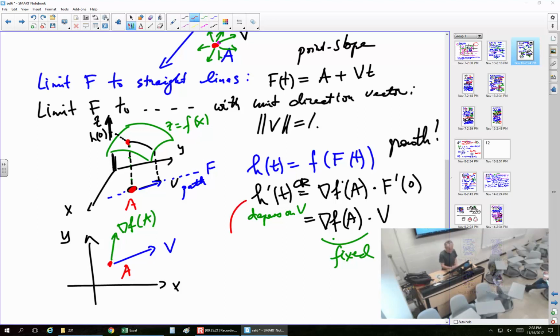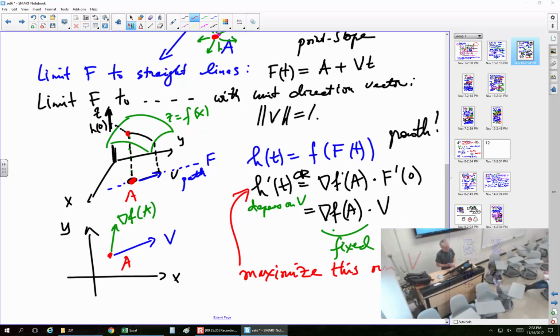So that's what we're looking at. We're pretty much asking ourselves to maximize this over all these. Which value of v would produce the largest value of h prime?